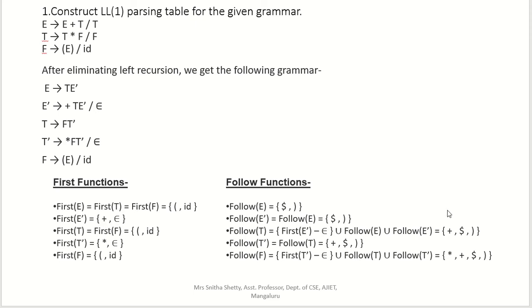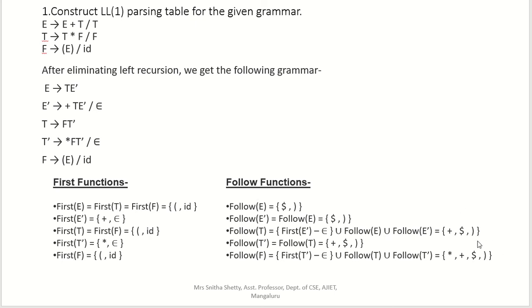Now what if E dash is replaced by epsilon? If E dash is replaced by epsilon, what is there after T? Nothing. If nothing, take follow of the left hand side variable. What is follow of E? Dollar comma closing parenthesis. So you are getting plus, dollar and closing parenthesis.